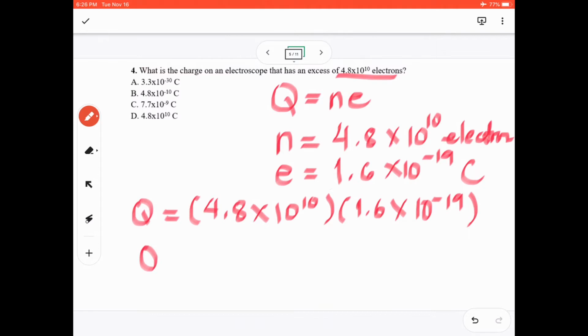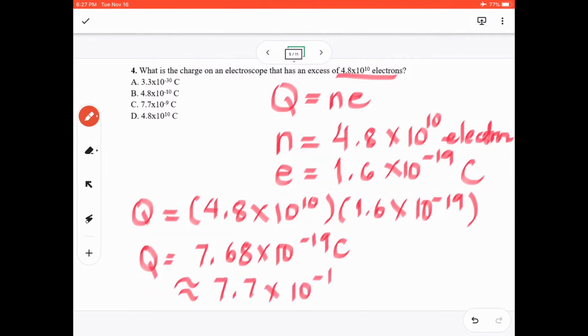So using your calculator, you'll be able to get 7.68 times 10 raised to negative 19 coulombs. And then if we round it off to two significant figures, we'll get 7.7 times 10 raised to negative 19 coulombs, which is letter C in our choices.